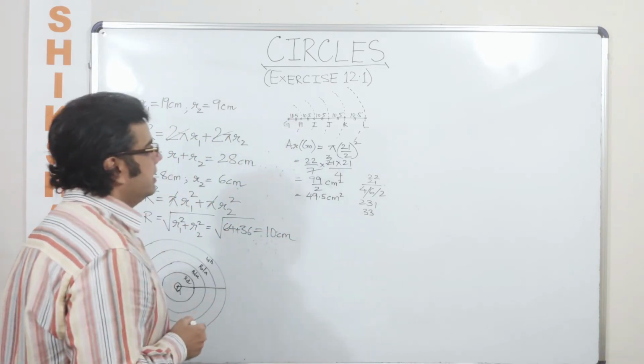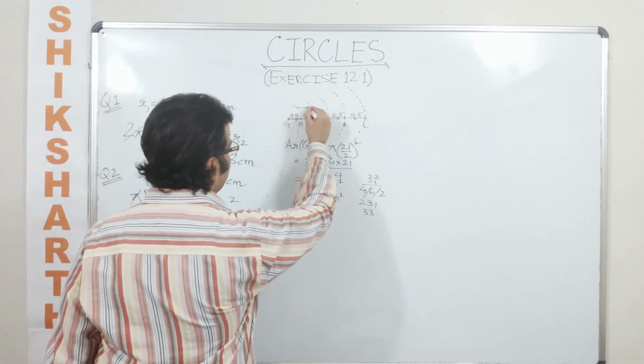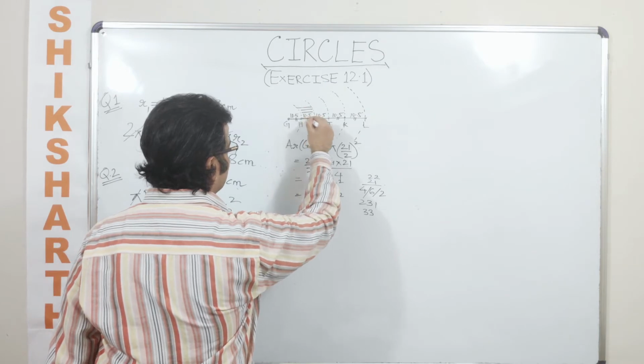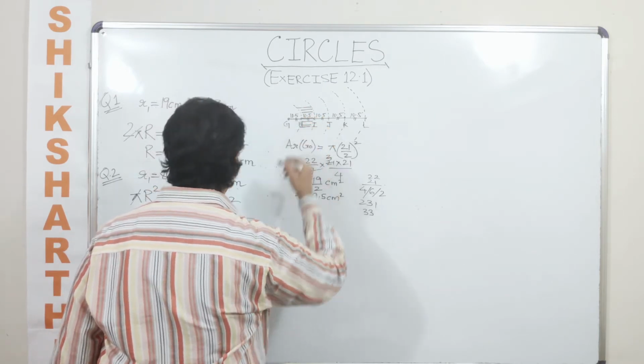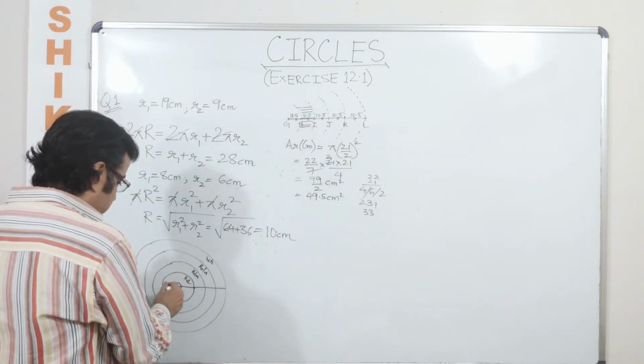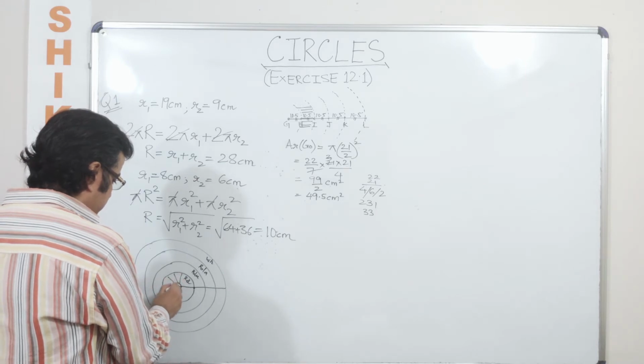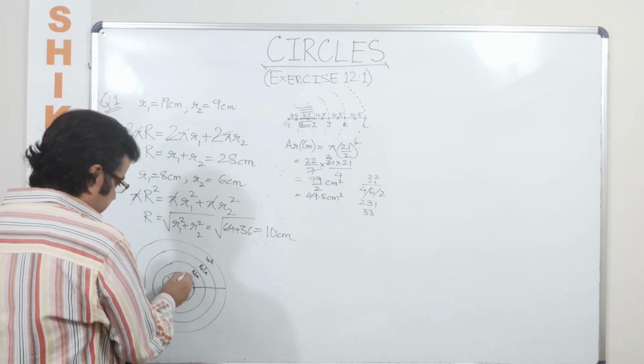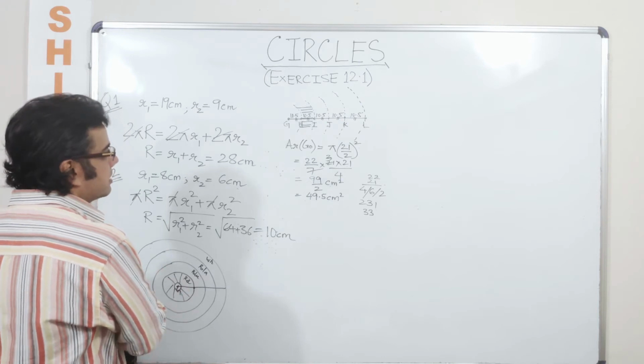Okay, this is the area we get for this. Now the next area that we are supposed to find out is the area common to the circle which is painted gold. So we are basically talking about this area, which will be nothing but the area of this circle minus the area of this circle.